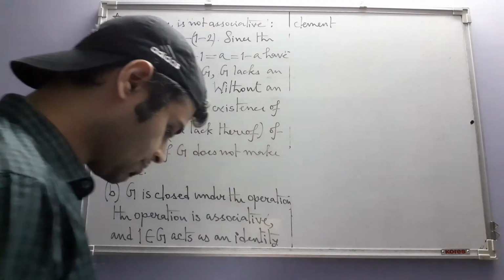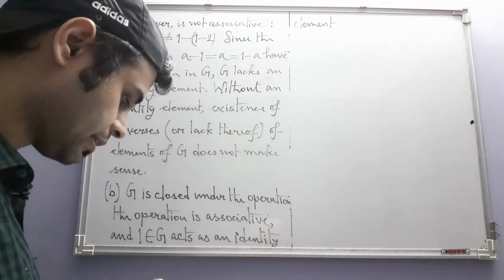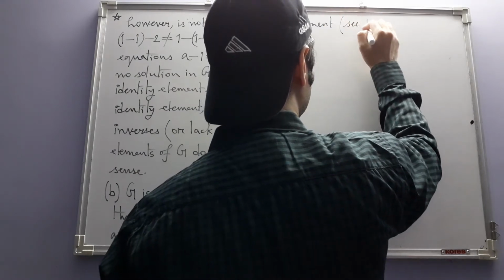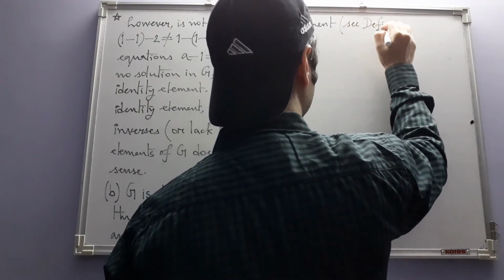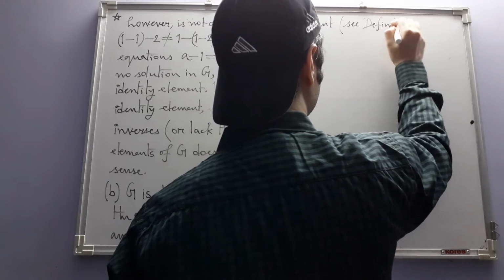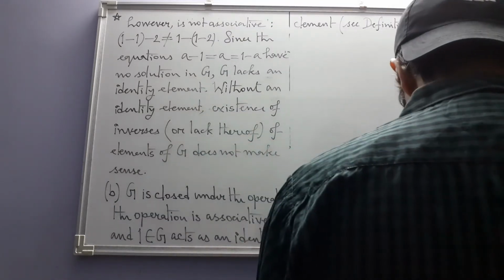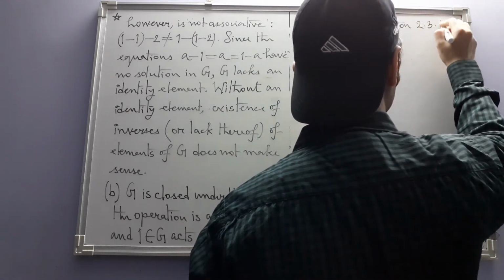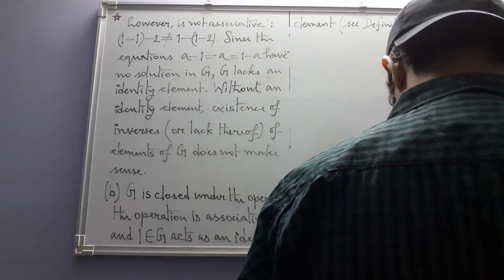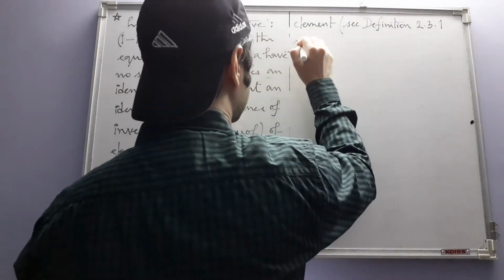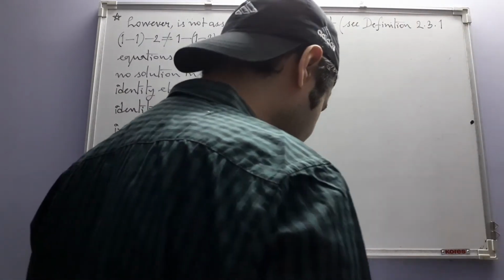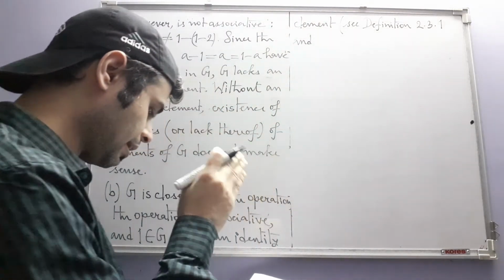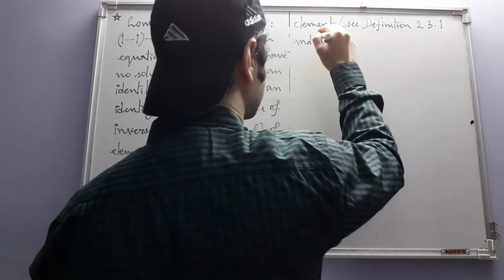And these facts follow from some place, and we are going to write the references. See definition. Although these are some facts which we have taken for granted in many places, but still, as mathematical facts, they need proof, and proofs are there, and these are the places where you will get proofs.